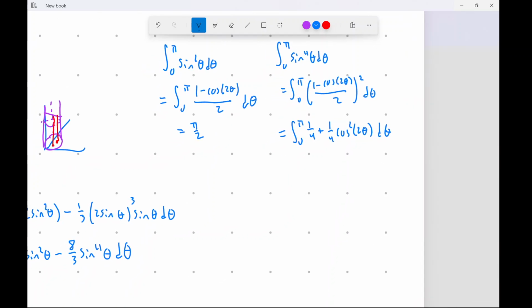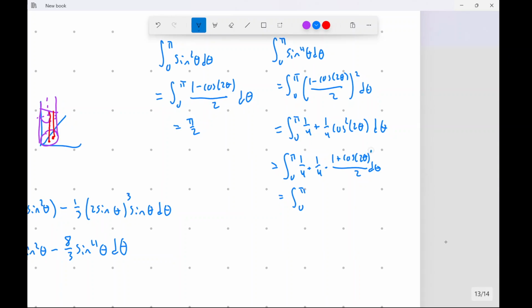And now we do the power reduction again on cosine squared. So that's 1/4 plus 1/4 times 1 plus cosine of 2 theta all over 2. And again, I know that that cosine term is going to go away. That should actually be 4 theta.